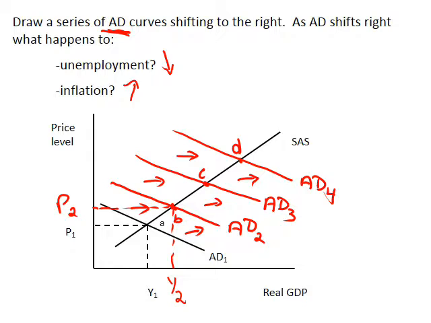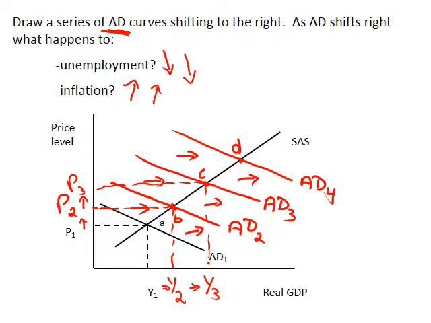If we look from B to C, once again, output has increased from Y2 to Y3, so unemployment's gone down. And if we look at the price level, it's gone from P2 to P3, so it's gone up. So we can see this inverse relationship that unemployment goes down and inflation goes up.